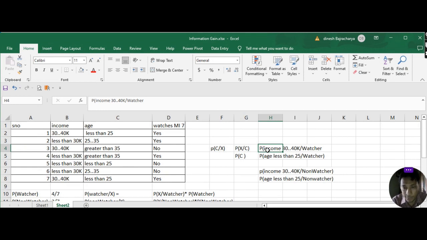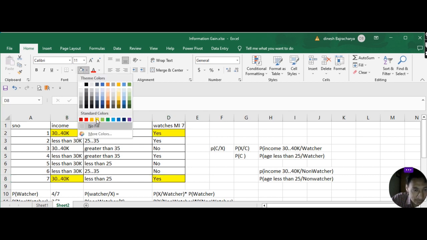For this we have to count the records. First, the probability of a person having income 30 to 40k given he is a watcher. We count the records for which income is 30 to 40k and class is watcher. The first record, then the second record, and in the third you can see the class is no. So the number of records having income 30 to 40k and class yes is only 2. Let's color this.